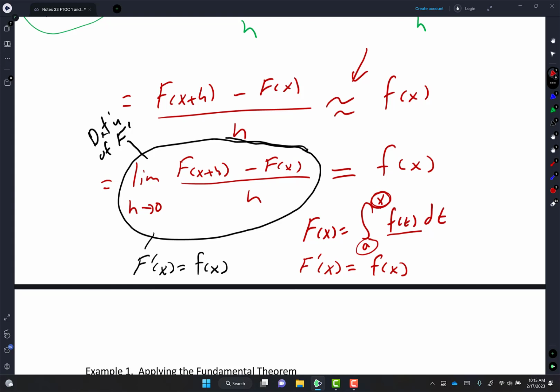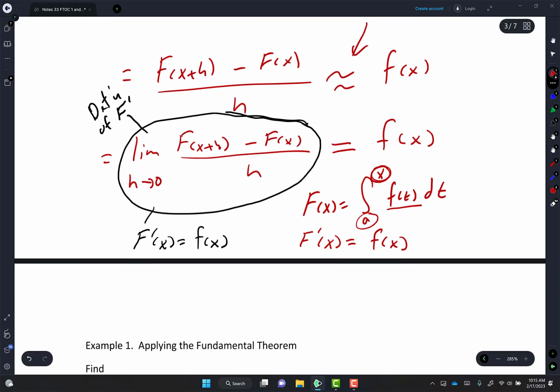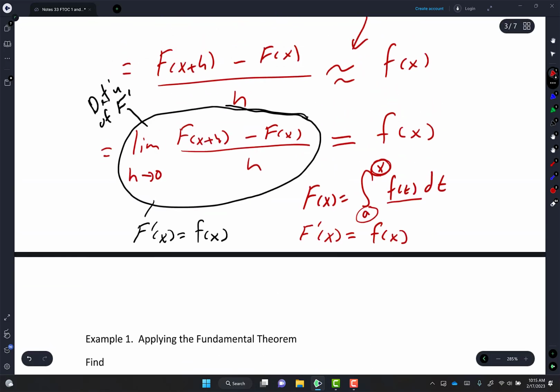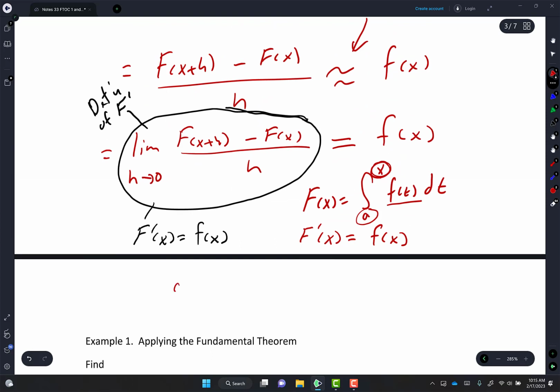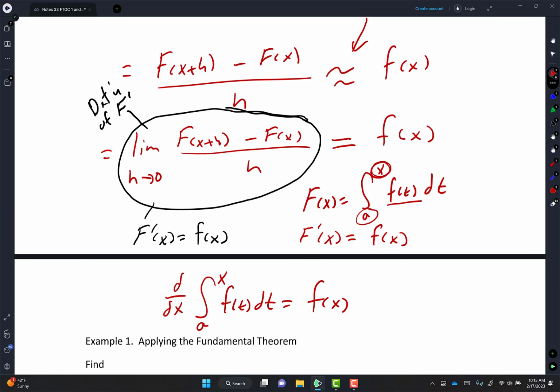So now look what this is saying. Capital F prime is equal to f. So what does that mean? This means that d dx of this integral from a to x of f of t dt is just f of x. So the antiderivative. So that's the definition.